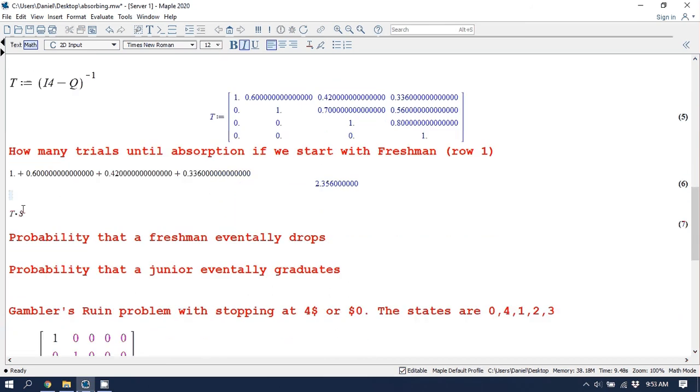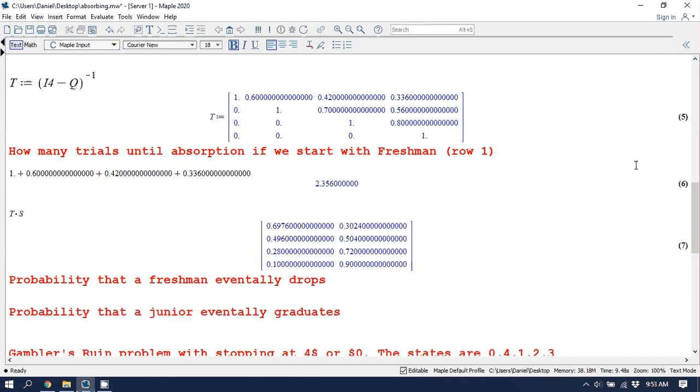Furthermore, if we want a more precise outcome in the long run, we multiply T by S, and that will be a matrix which is not always a square matrix, right? Because again, in T times S, the rows will be the non-absorbing states, the columns will be the absorbing states. Each entry is a probability, which will give you the probability of eventually coming into that absorbing state.